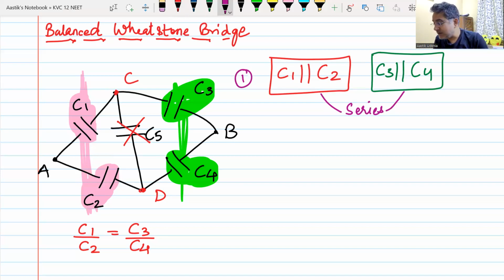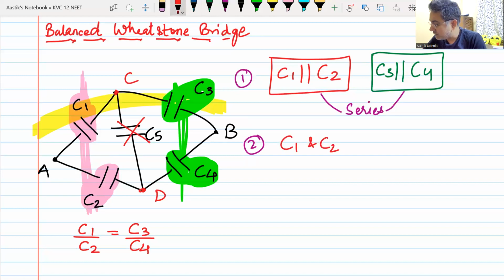The second way of doing it is like this. You can take C1 and C3 in series, that is the upper branch.